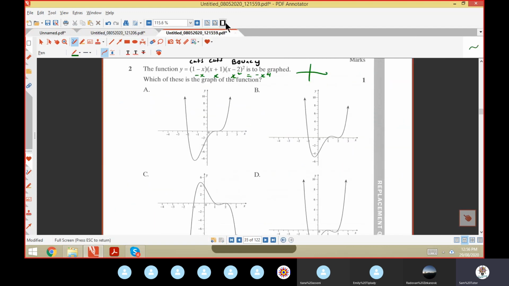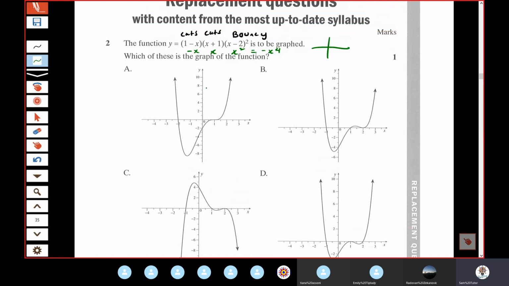And let's go back to this. Like I said, cuts through, bouncy, and that's a negative, that's a positive x squared. So the whole polynomial will have the largest term as negative x4. Negatives mean start down here. Negative even, right? Start down here.